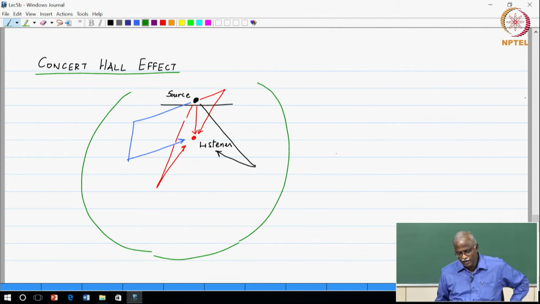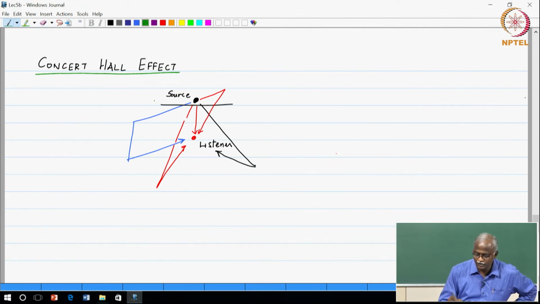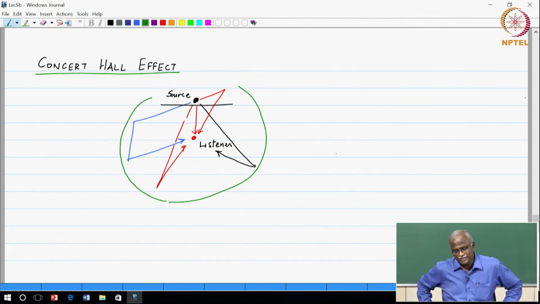Now, if you do an analysis of this type of concert hall and see why the best seats are where they are, if you were to think of it, I will just draw it. Something of that type. Why is it that the best seats are there?